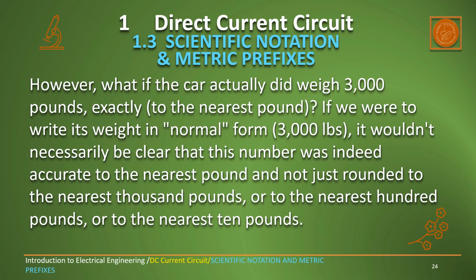If we were to write its weight in normal form, 3,000 pounds, it wouldn't necessarily be clear that this number was indeed accurate to the nearest pound and not just rounded to the nearest 1,000 pounds or to the nearest 100 pounds or to the nearest 10 pounds.